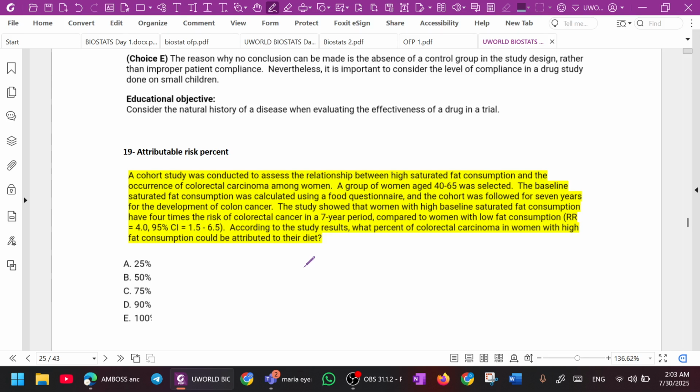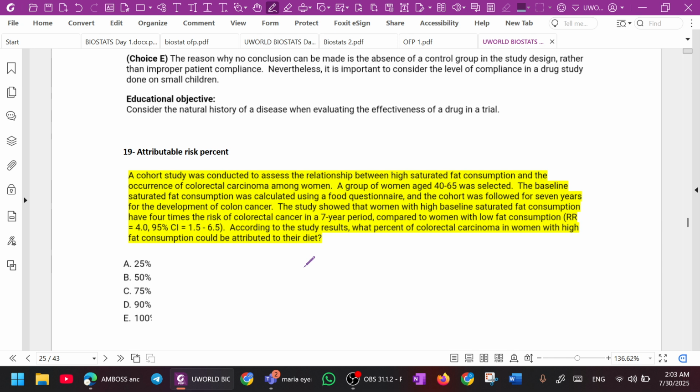A group of women aged 40 to 65 was selected. The baseline saturated fat consumption was calculated using a food questionnaire, and the cohort was followed for 7 years for the development of colon cancer.